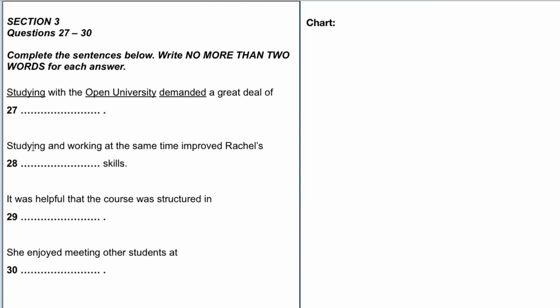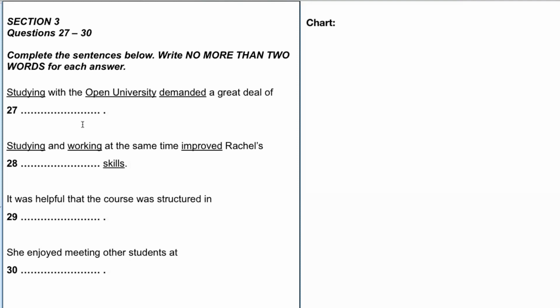All right, number 28. Again, I'm going to underline studying, and I'm going to underline working here because this is what sets number 28 apart from number 27. Here we're looking at studying and working and how this improved some type of skill of Rachel's. And we'll look at number 28 more closely when we look at the grammar. It's a very nice clue of the type of word we're going to be looking for.